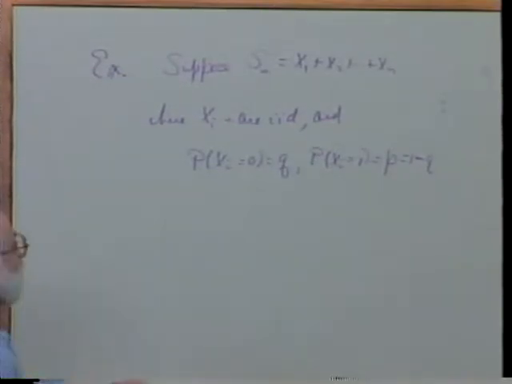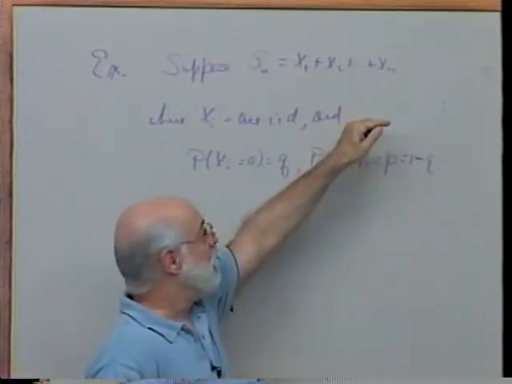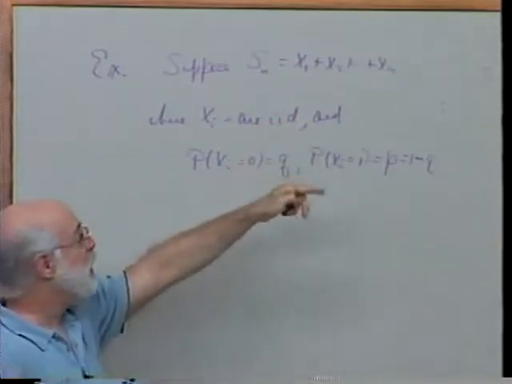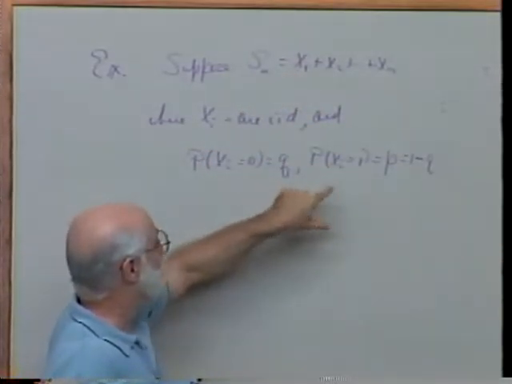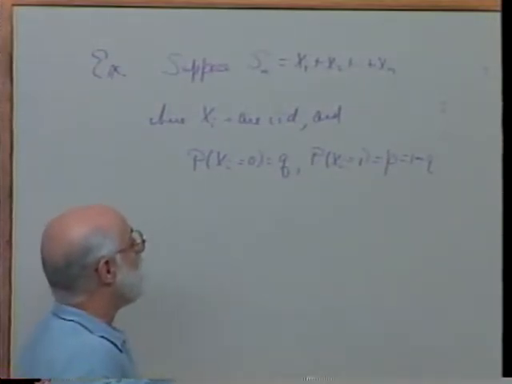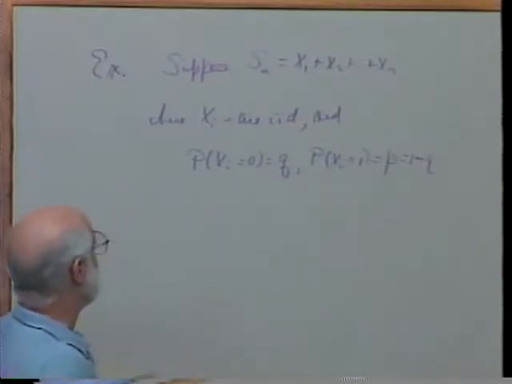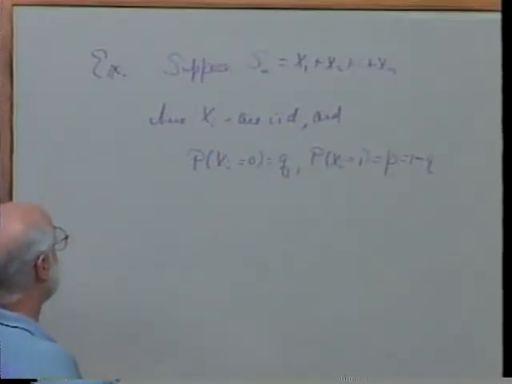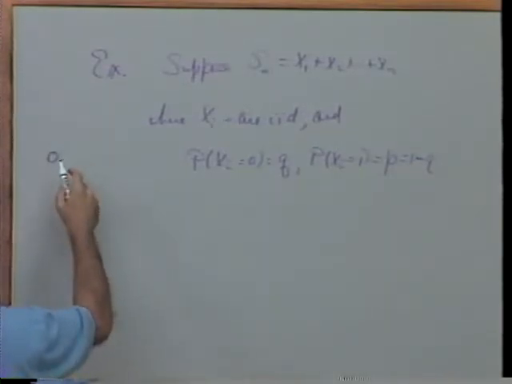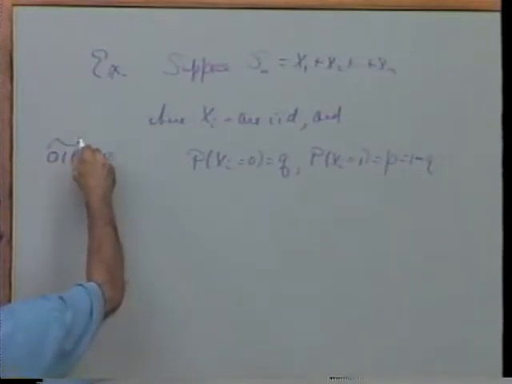Okay, so what we have here is a sum of independent, identically distributed random variables, and those random variables are Bernoulli random variables because each one of them takes on values 0 or 1 with probabilities q and p. In fact, I could take the viewpoint that what I have here is a sequence of trials, and every trial is either a failure, a 0, or a success, a 1, and there are n such trials.